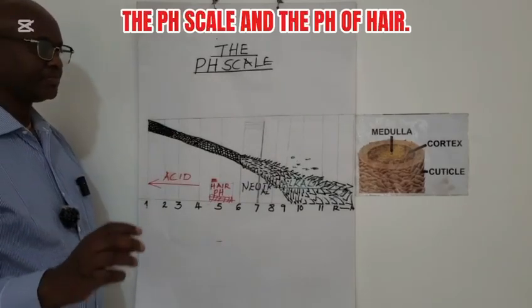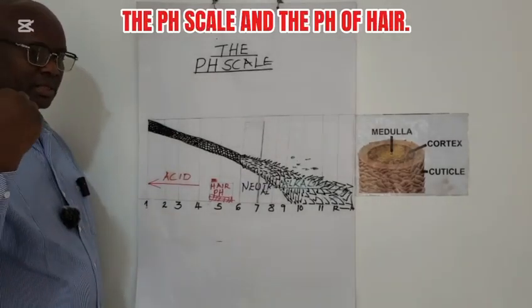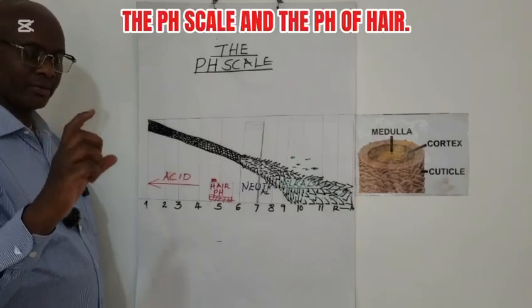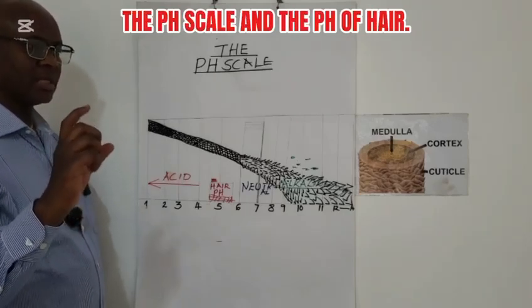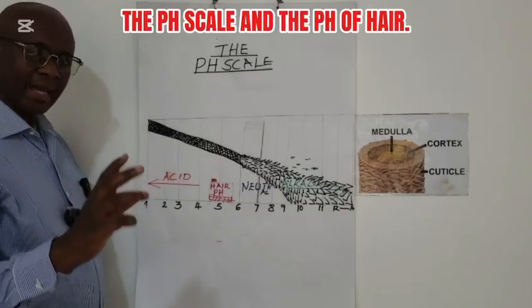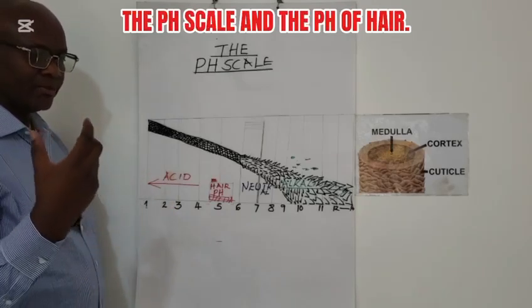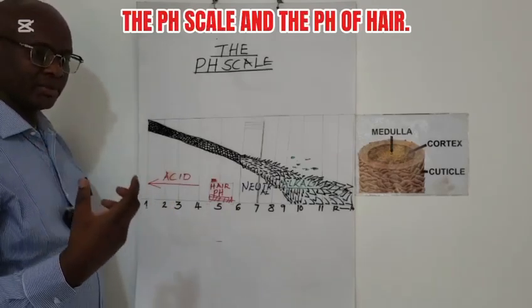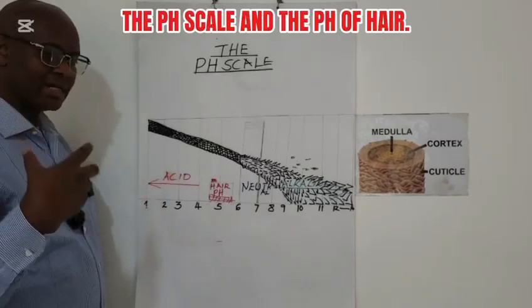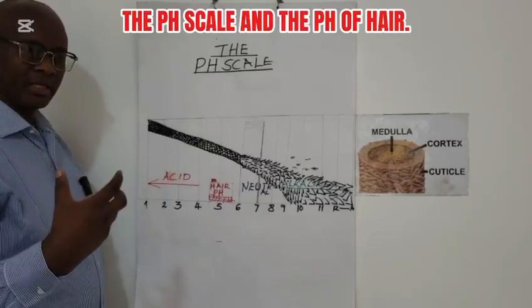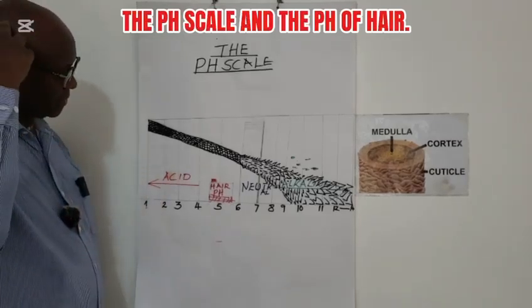Remember, we said inside your skin there's what we call the hair root. Under the hair root, we have things like the papilla, which supplies your body with nutrients. If it supplies nutrients, it means whatever is in your blood system will get into your hair and come to the scalp.